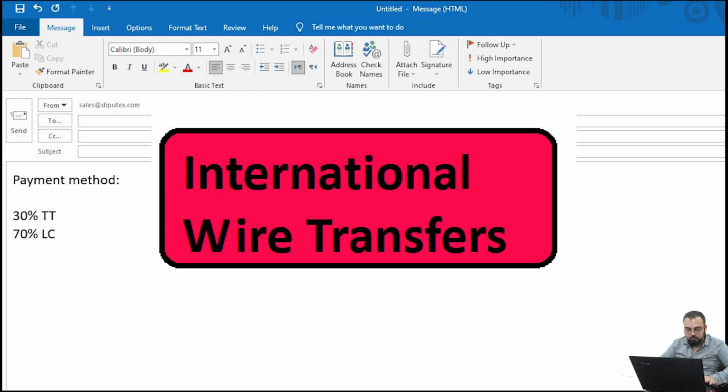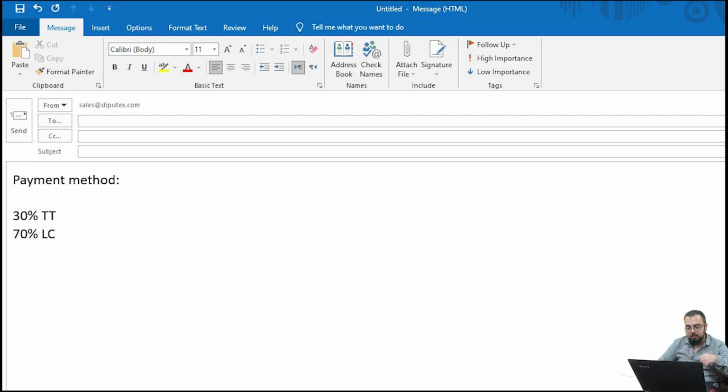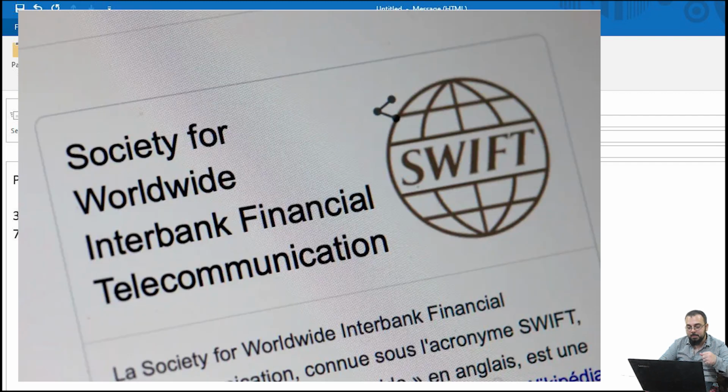So TT is a general name, and in many instances instructions are sent using SWIFT, which means transfer by financial messaging service, a common language for international financial messaging. SWIFT stands for Society for Worldwide Interbank Financial Telecommunication.